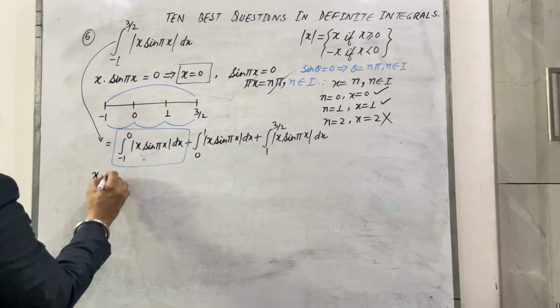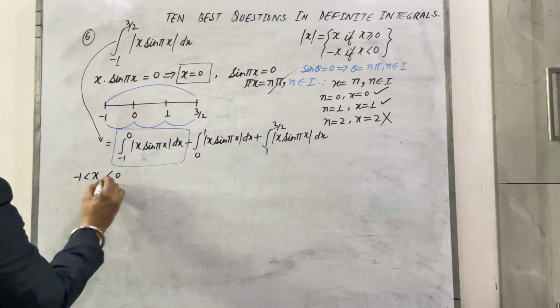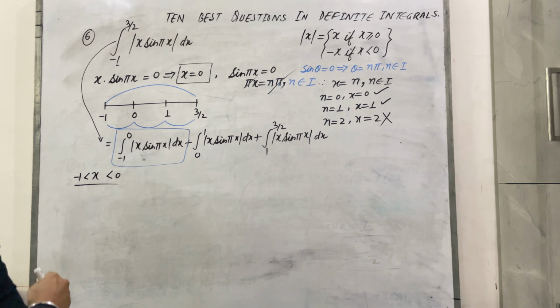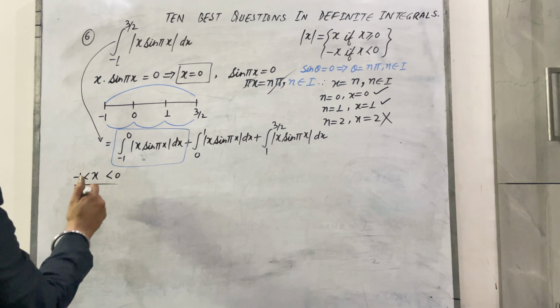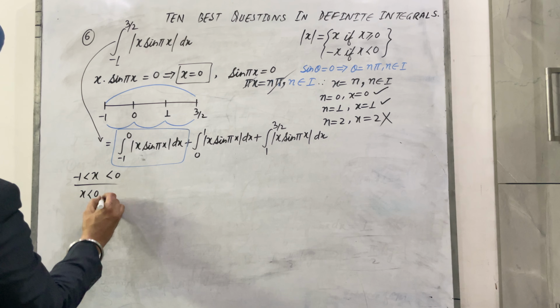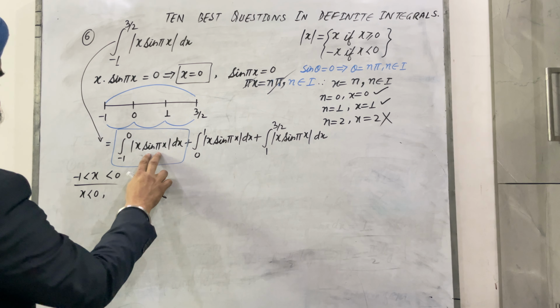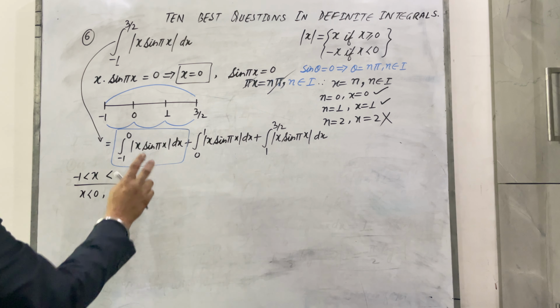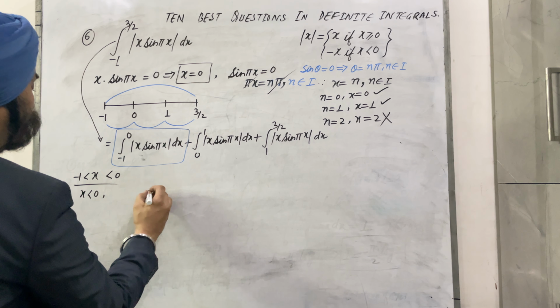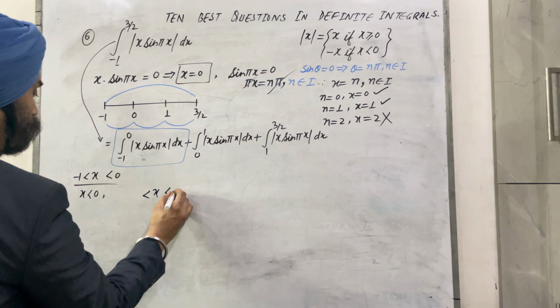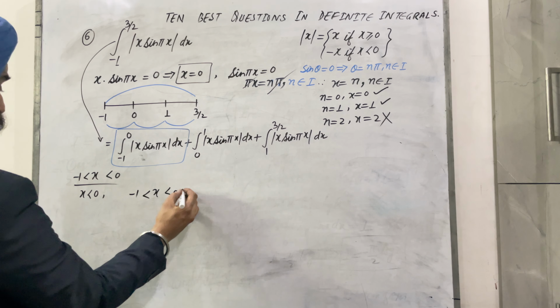So I write x is in between minus 1 and 0 here. So obviously when x is less than 0, x is negative. I need to talk about the nature of sine pi x because sine pi x is in product with x. So again I'll be writing x lies between minus 1 and 0.